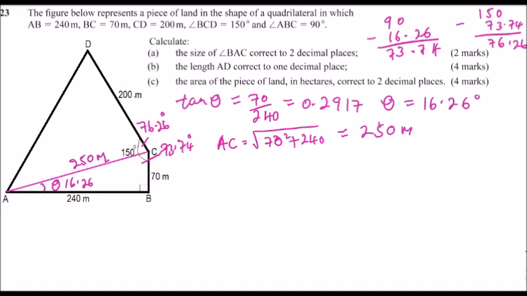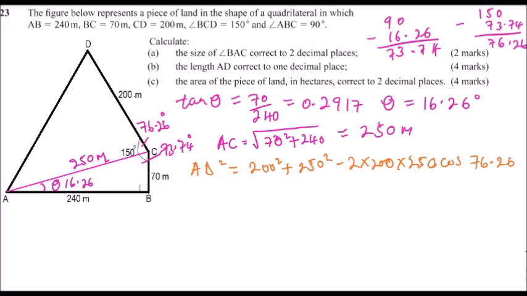So we say AD squared is equal to 200 squared plus 250 squared minus 2 times 200 times 250, the cosine of the angle, which is 76.26.